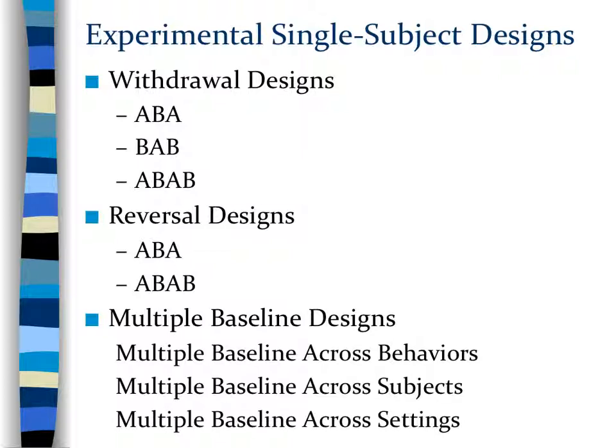In this design type, a non-treatment phase is initiated until the behavior in question demonstrates stability. Once the behavior becomes stable, the treatment phase is initiated. The behavior in question, the dependent variable in the experiment, is measured during both phases, and the results for the two phases of the experiment are compared.